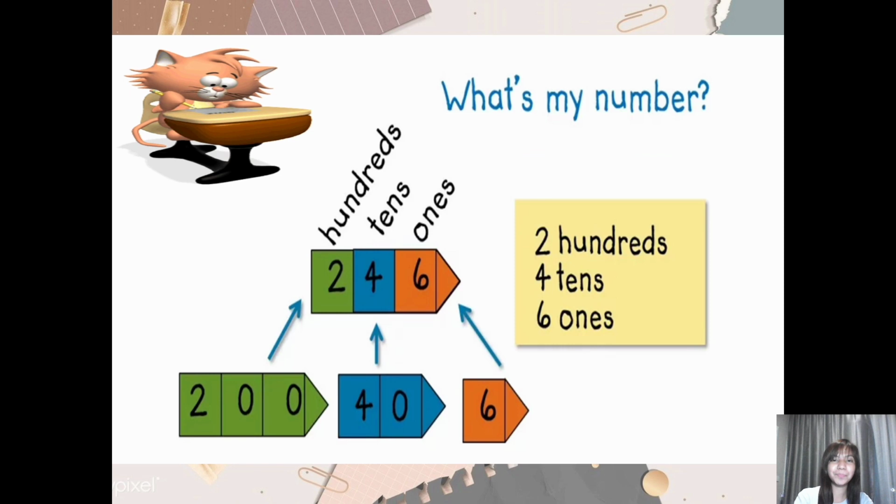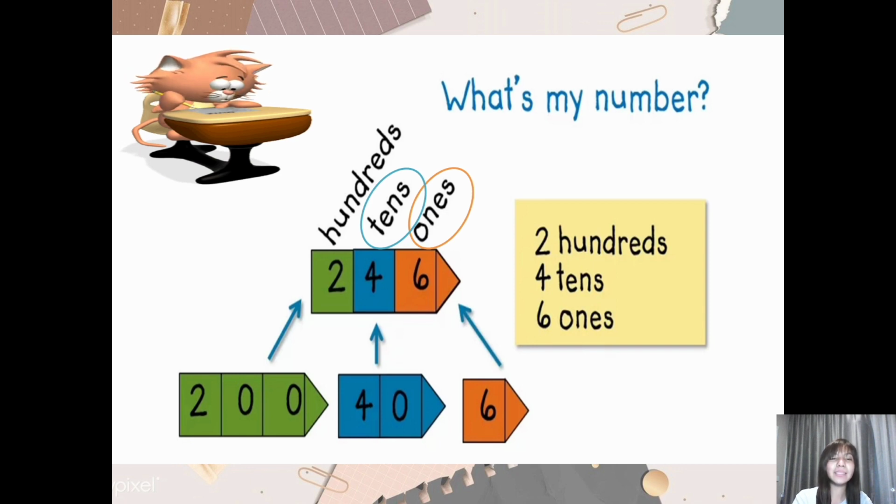Okay, next. So we have here an example on the screen. 246. The number 6, which is in the orange box, is in the place value ones. Again, what is the place value of 6? Ones. Next, in the blue box, the number 4, the place value of 4 is tens.